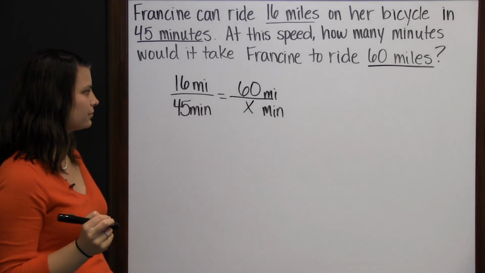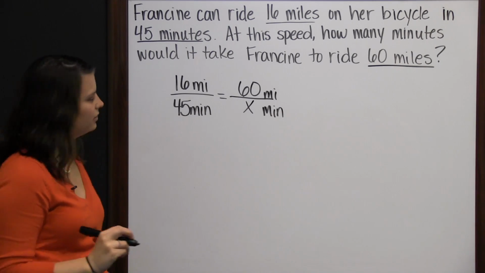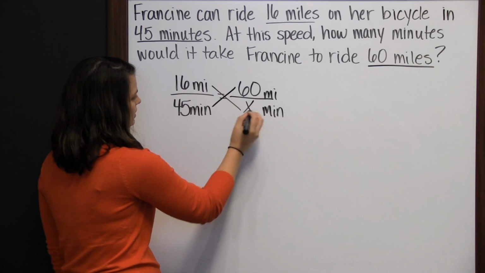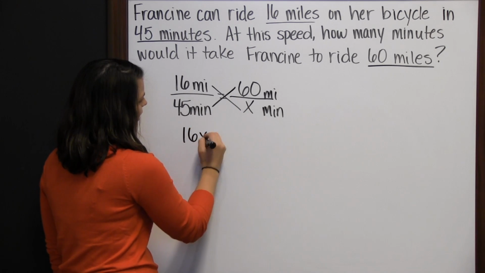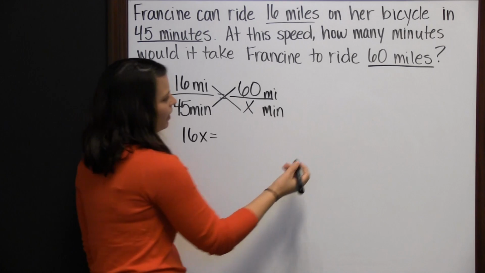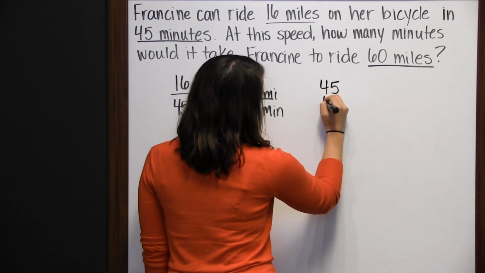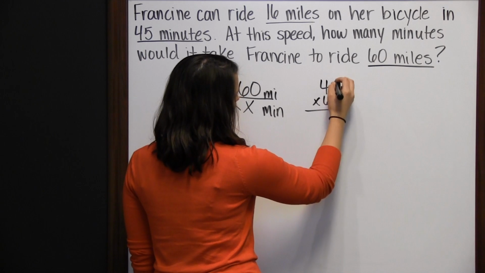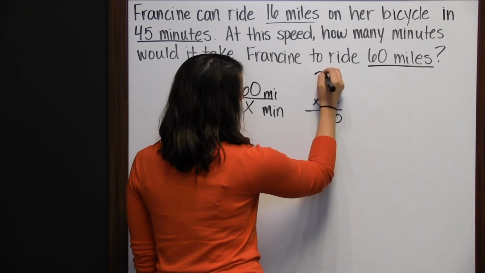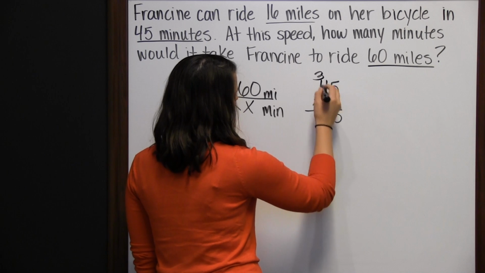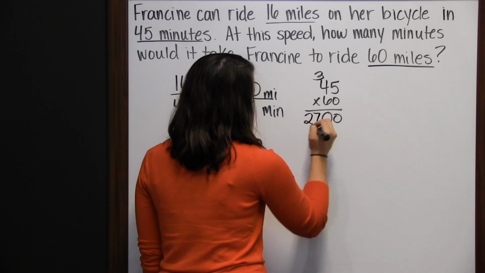variable. To solve a proportion, we cross multiply. 16 times x is 16x, and that equals 60 times 45. 0. 6 times 5 is 30, carry the 3. 6 times 4 is 24, plus 3 is 27.